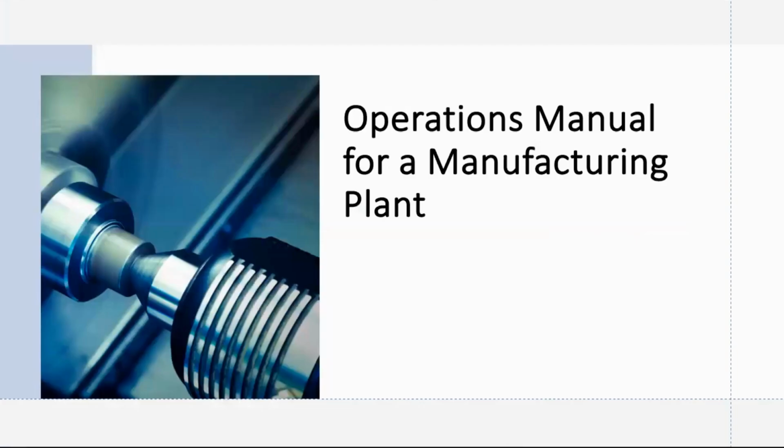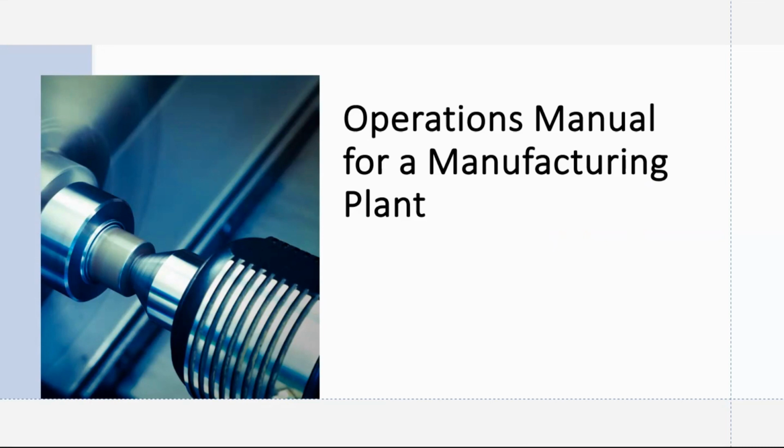Another example of a manual is operations manual for a manufacturing plant. For example, if you are working in a manufacturing plant and your management assigns you a task to prepare a manual for that process plant, then how does this type of manual look like?